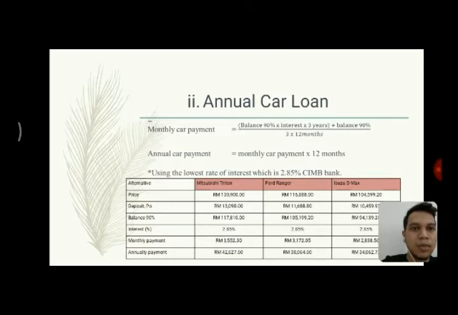So how to calculate the monthly car payment? We got 3,552 ringgit 30 cents. For the annual payment, 42,627 ringgit 60 cents. We do the calculation for each car: Mitsubishi Triton, Ford Ranger and Isuzu D-Max.